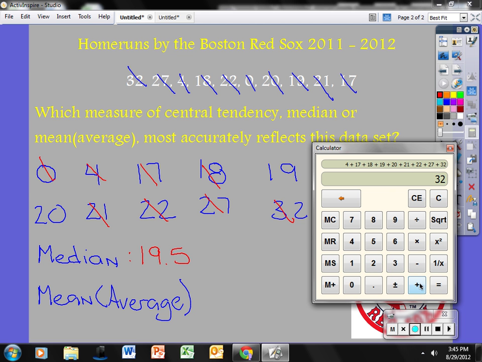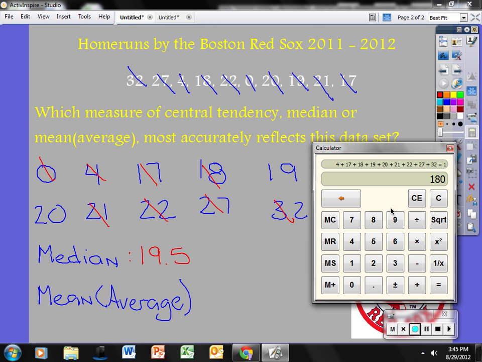The calculator says 180. Now I could take a look: there's 1, 2, 3, 4, 5, 6, 7, 8, 9 pieces of data. Oh, I have 10. That's right, I forgot to include the 0 because I really don't need to.